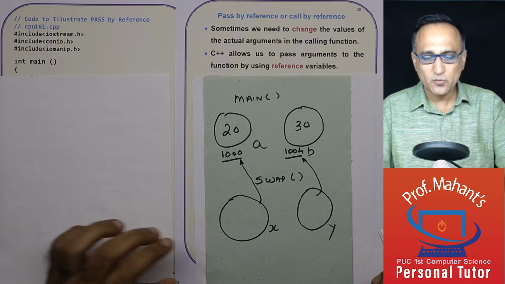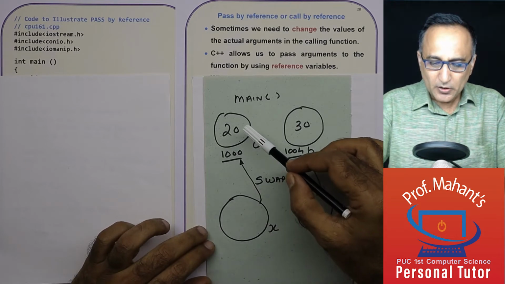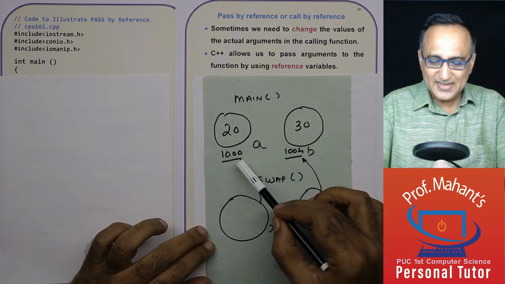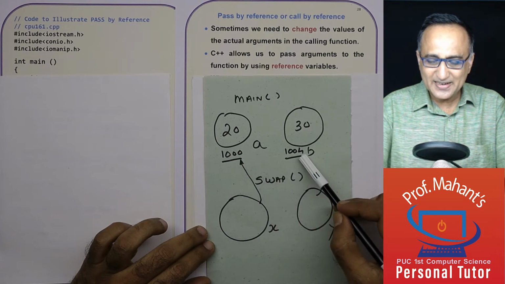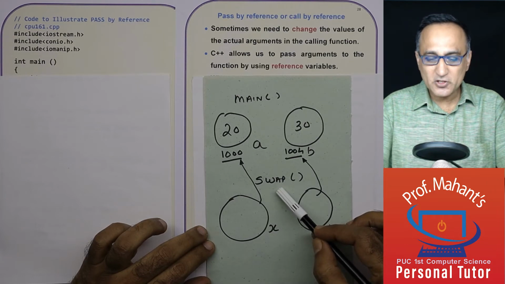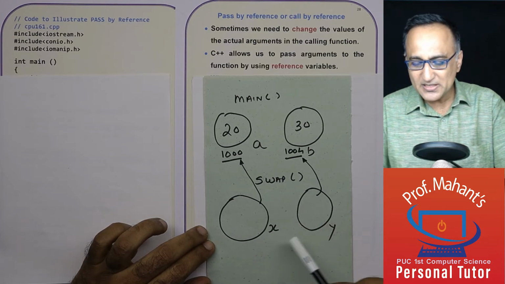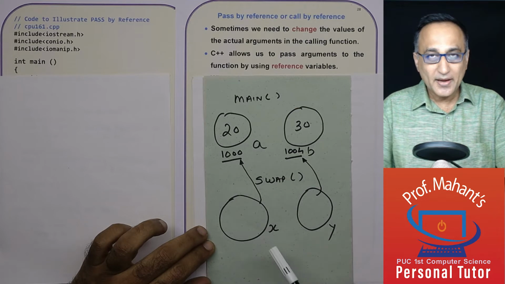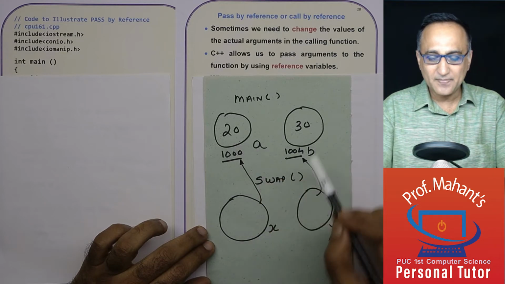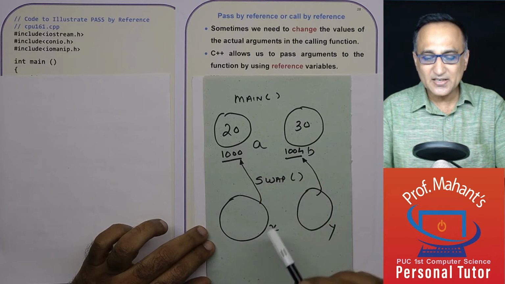So let me first explain what it does. Let's say I read 20 into A and 30 into B. A is at address 1000, B is at address 1004. So when I call this swap function now, I have variables x and y. X and y now, as an alias, actually refer to A and B. So if you play around and touch X, A is affected.